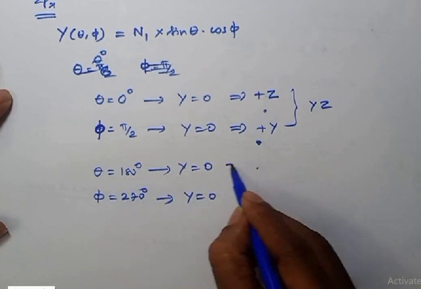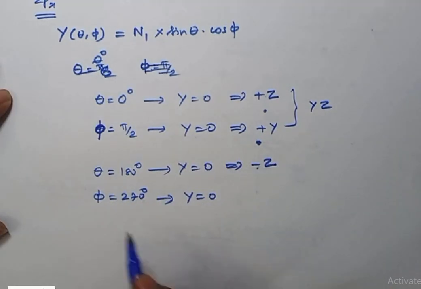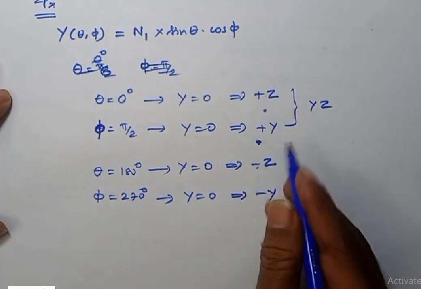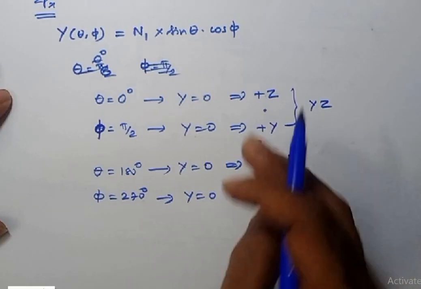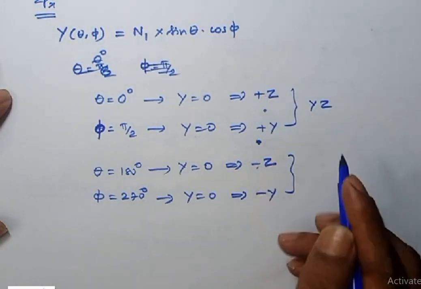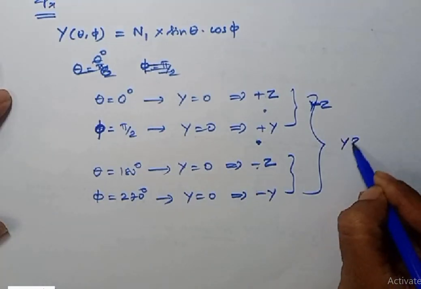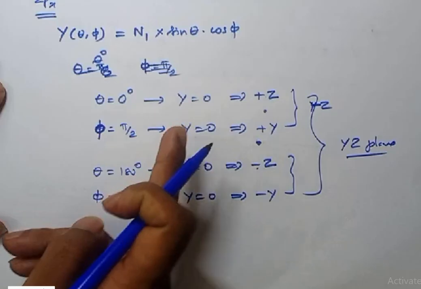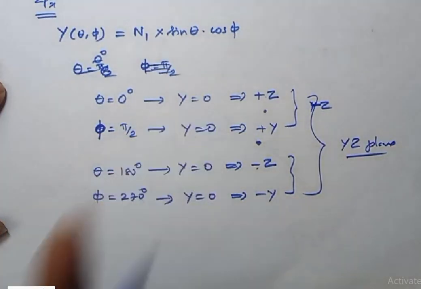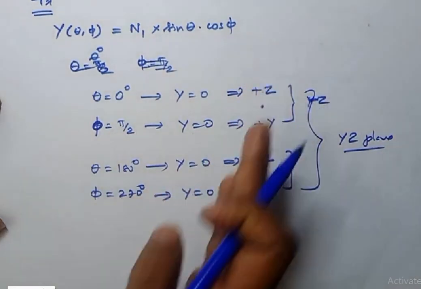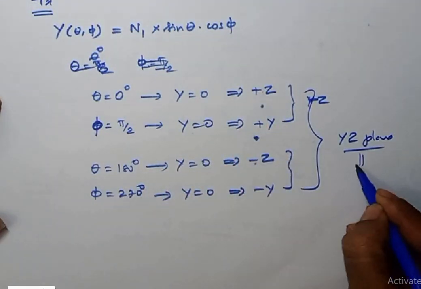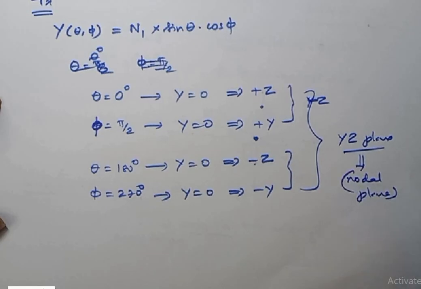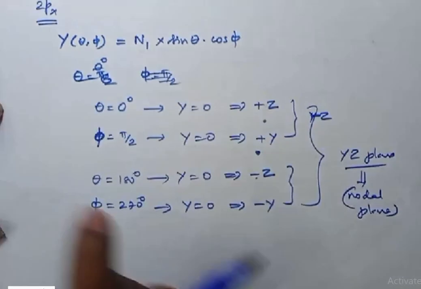Theta 180 corresponds to the minus z axis, and phi 270 corresponds to the minus y axis. So this corresponds to the yz plane again, plus yz and minus yz. Along the yz plane, probability is 0 because the wave function becomes 0, so the yz plane is called the nodal plane. The yz plane is the nodal plane for px orbital.